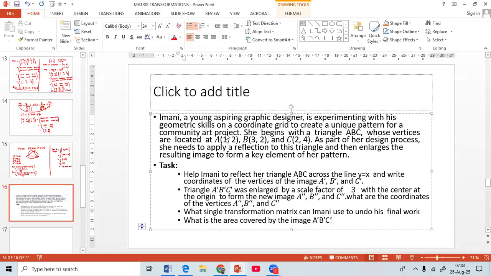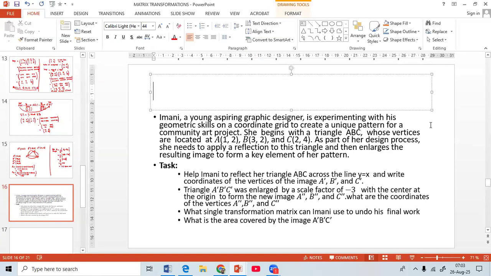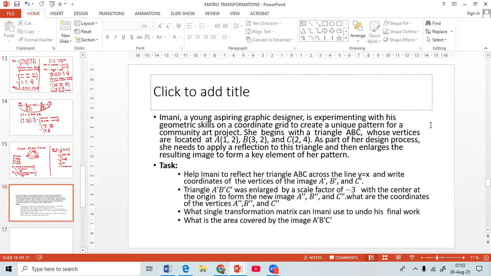So, I think it's already 7. Thank you so much for attending. Tomorrow we are going to continue with transformations, and we are going to look at the graphical approach, with different scenarios that involve the graphical approach.